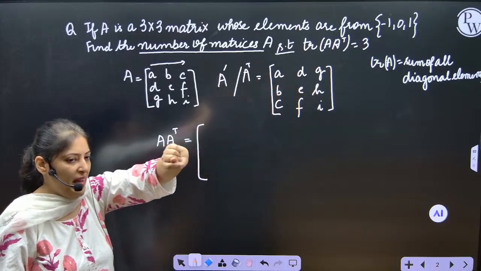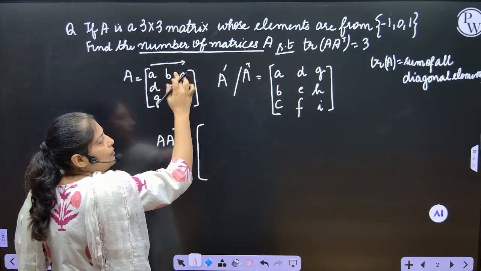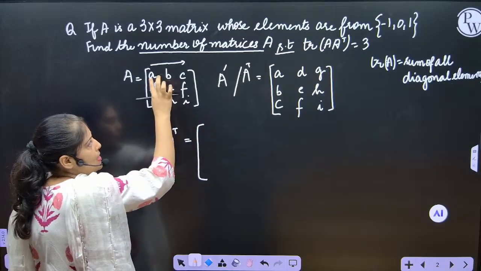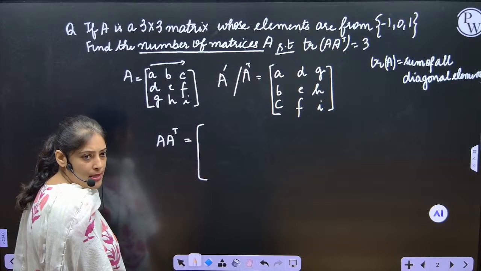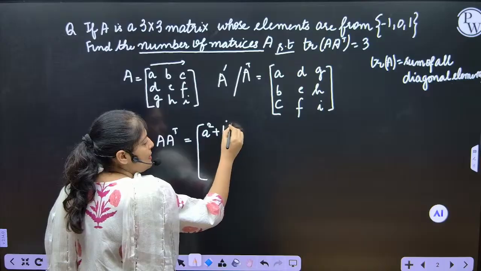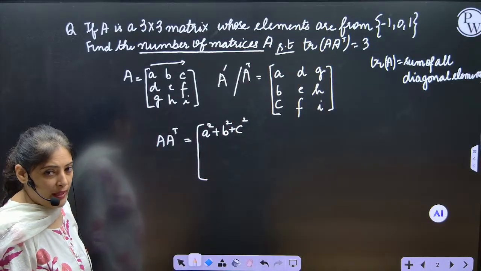See, one magic is there. If we multiply two matrices, the first row will be multiplying with all the first column elements. So A into A is A square, B into B is B square, C into C is C square. This is my first element of A A transpose.